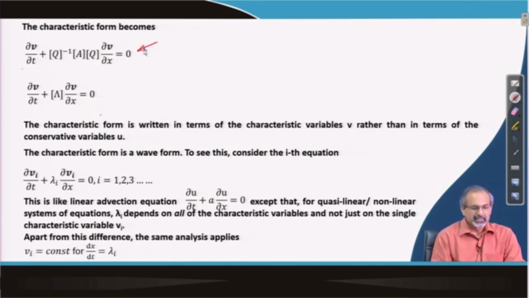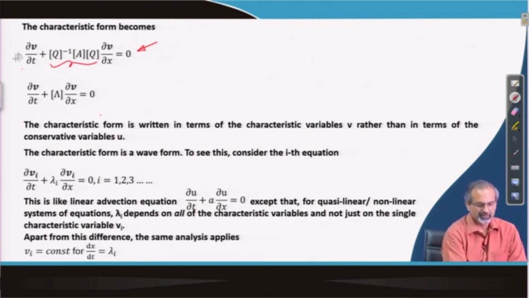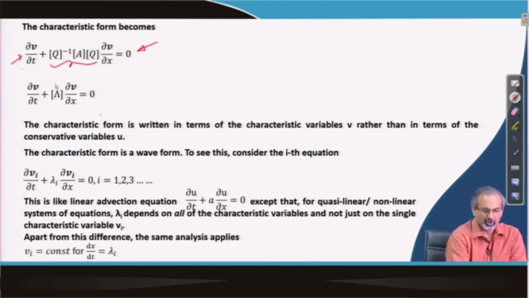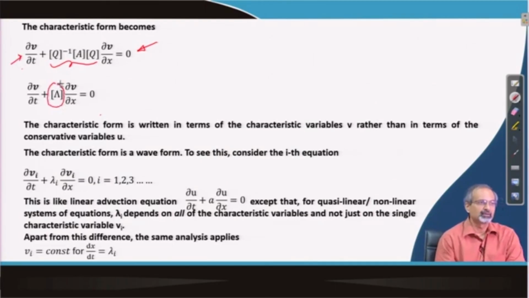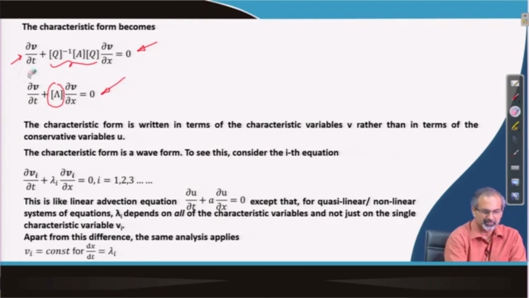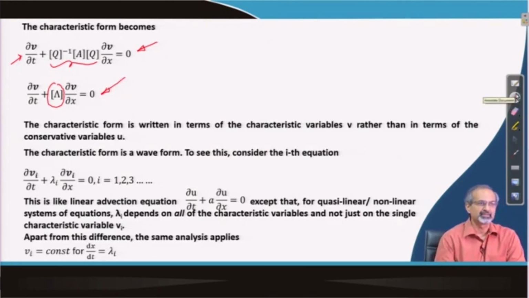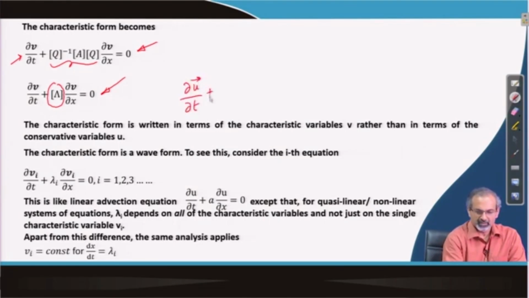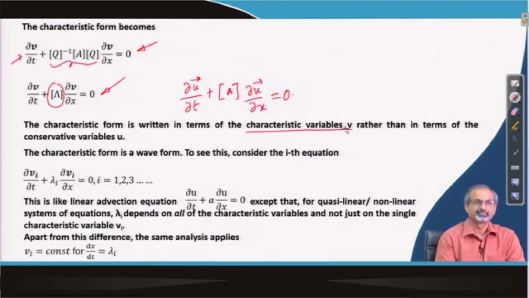You have del v del t, then the product of these three matrices times del v del x, is equal to 0, and you recall that this product should give you the diagonal matrix capital lambda. So, now what do you have? You have the system of partial differential equations represented in the characteristic variable space. Earlier it was in the space of conserved variables, while now you have written down the equation in the characteristic variable space.